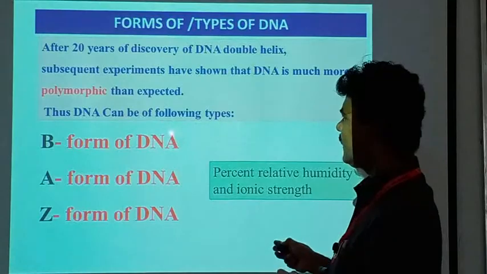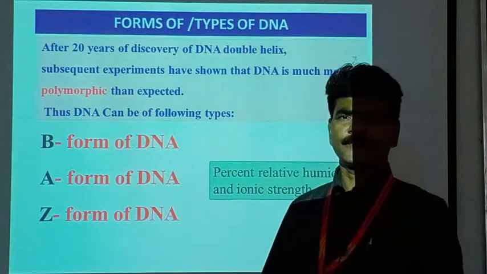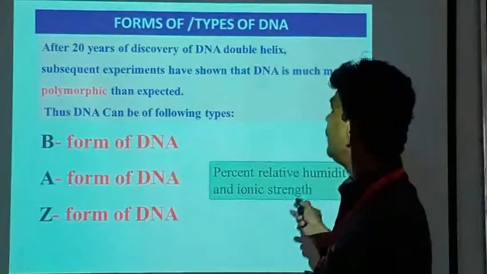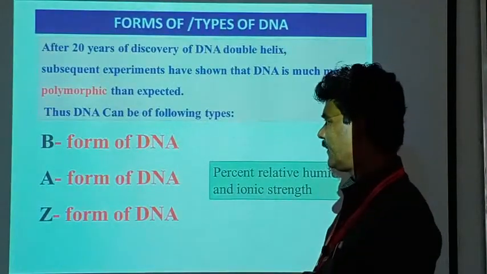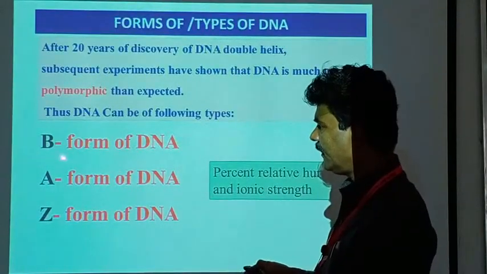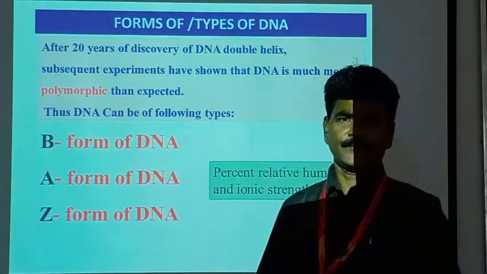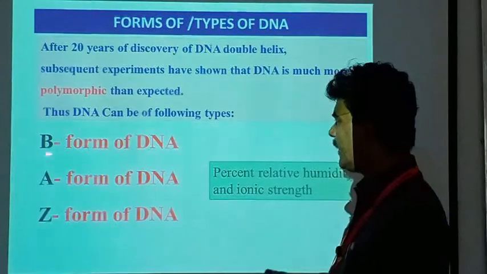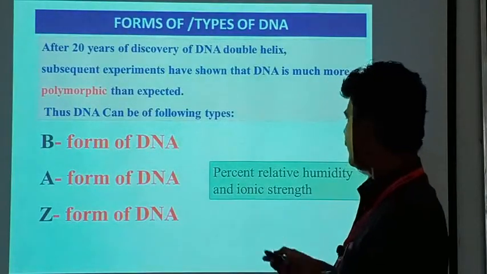Thus, DNA can be of different types. According to them, the forms of DNA are B, A and Z. B type of DNA, A type of DNA or Z type of DNA.